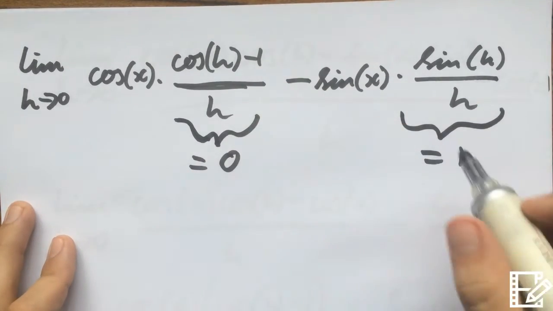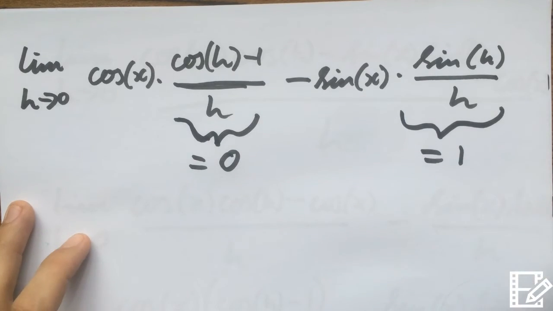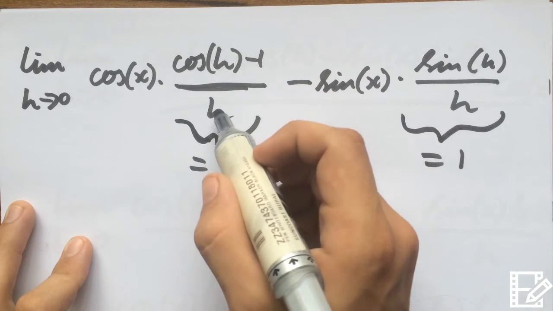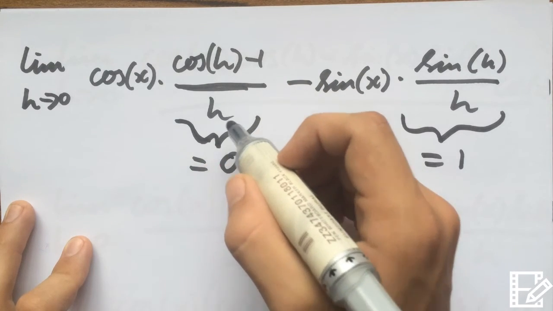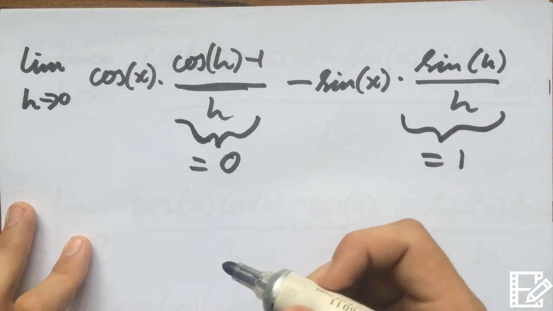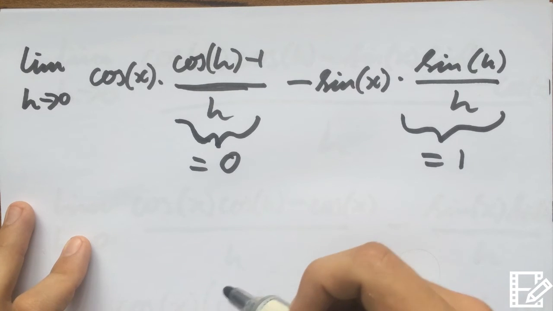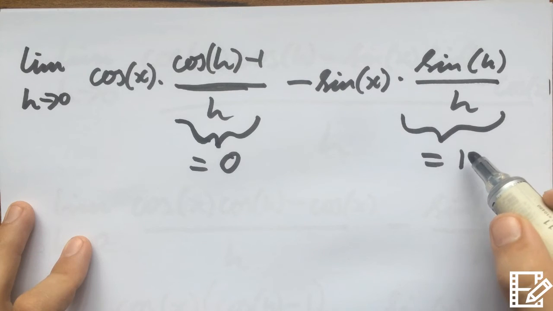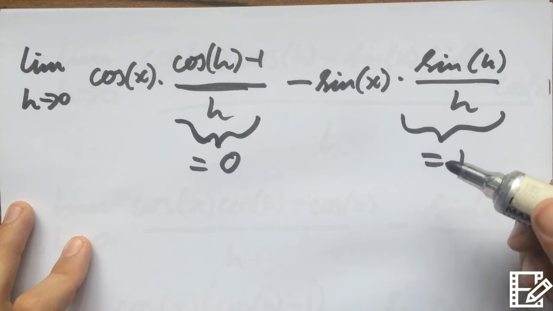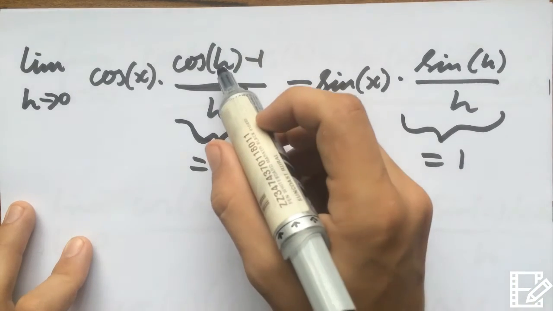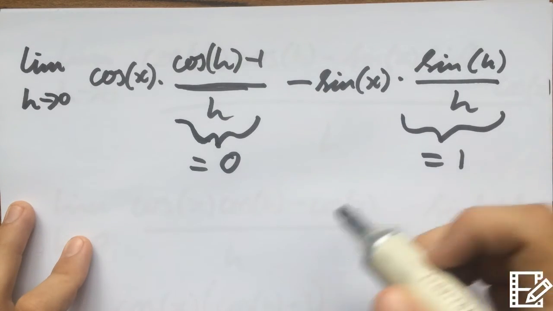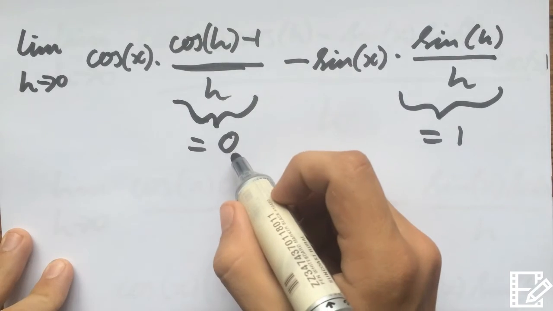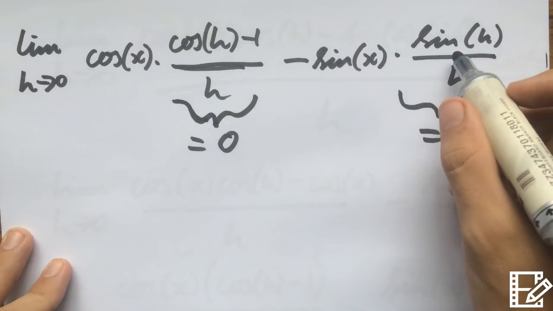One way I like to test this is I grab my calculator, because I can't quite imagine it. I type in (cos h minus 1) over h, put in 0.001, just a very small number, and see what the outcome is. If it's very close to 0, or close to 1 for the other, then I know it's correct. But you need to remember your calculator needs to be in radians, because if it's not, it'll probably spit out a weird number. Anyway, that equals 0, and that equals 1.